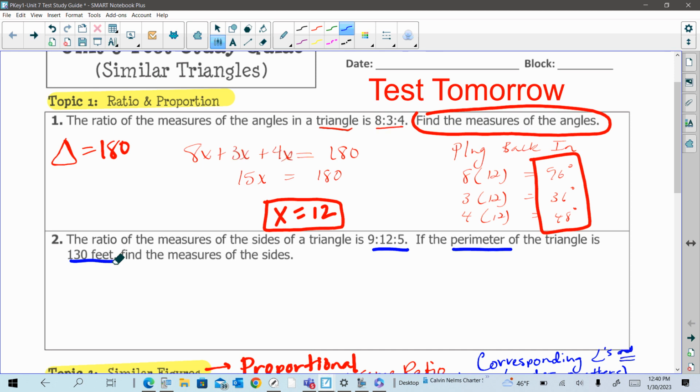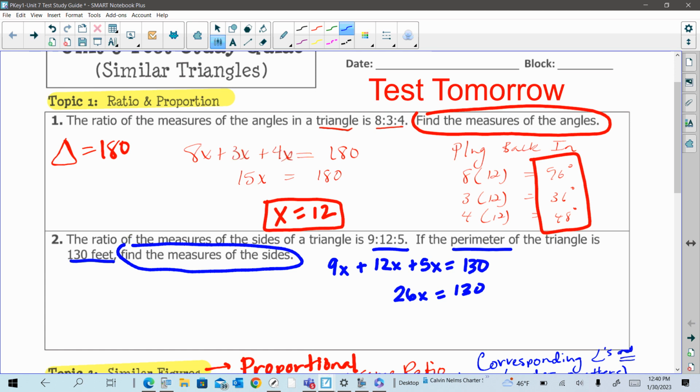So we'll have our 9x plus 12x plus 5x equals 130, or you can go straight to adding them up and get 26x equals 130. Okay. Again, they want you to find the measure of the sides. So solve for x and then plug it back in.